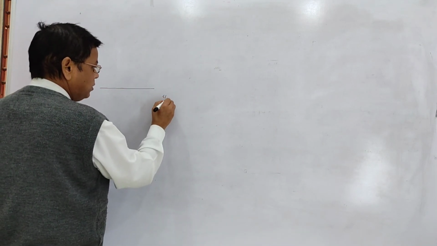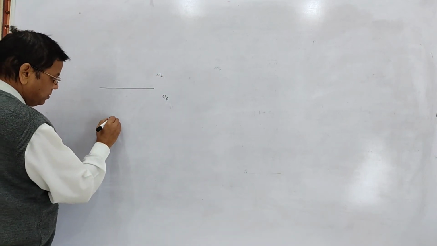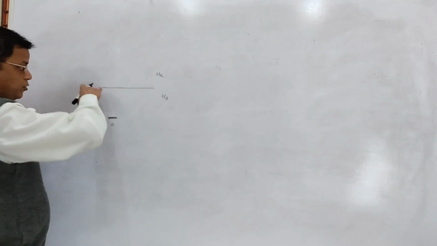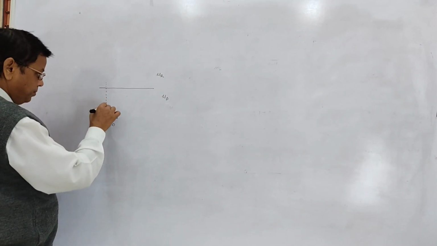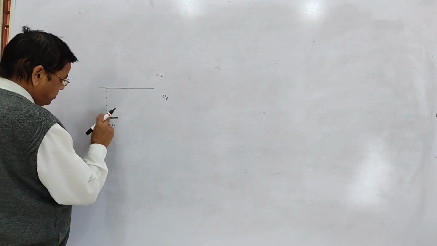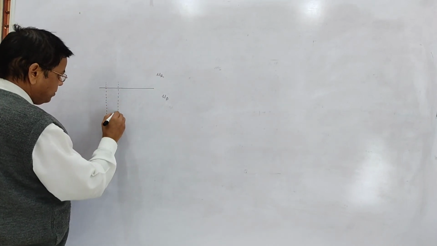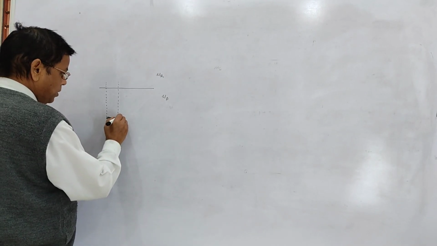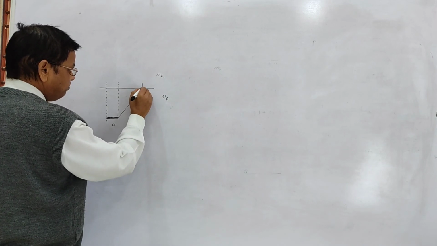Suppose it is the denser medium, it is the rarer medium, and the object is like this. Means the object is parallel to the refracting surface. Then this is the incident ray.